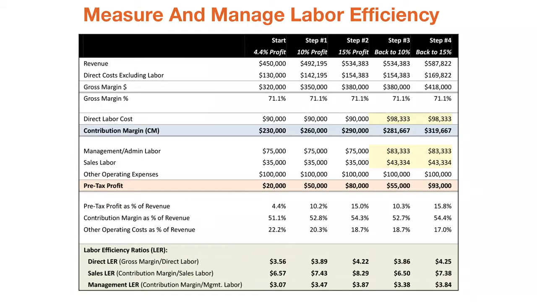Now, let's study the labor efficiency ratios throughout the movement. Let's look at direct labor efficiency. We started at 356. When we got to 10% profit, we moved to 389. So now we've established a standard of what direct labor looks like to get to 10% profit. In my business model, we need a 2 LER.